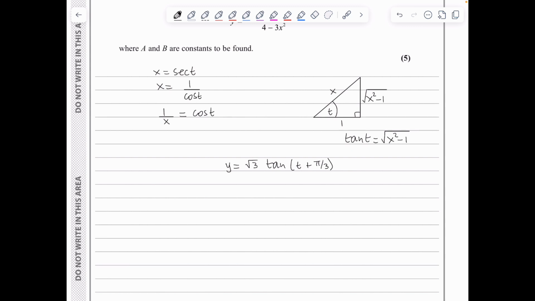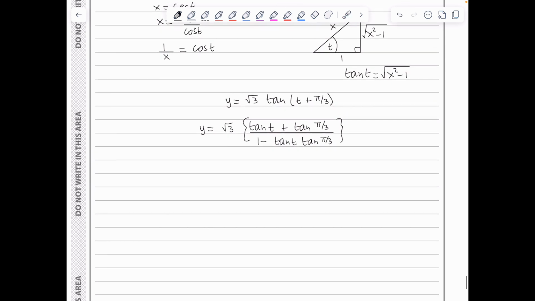And I will be using the addition formula for tan(a plus b). So we've got that y is root 3 times (tan t plus tan of pi over 3) over (1 minus tan t tan of pi over 3). So we've got an expression for tan t in terms of x, and we know tan of pi over 3 is root 3.